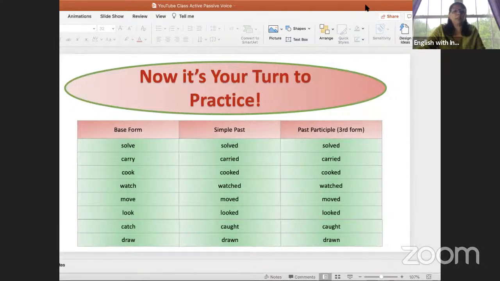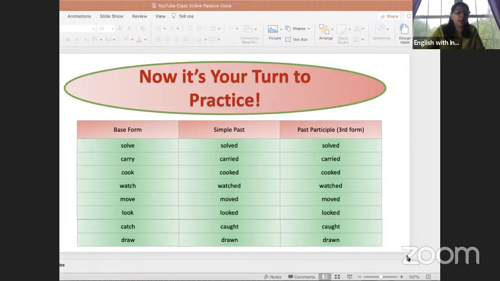If you want to use any vocabulary word from here and make your own sentence, you can do that, and then we will end the session. I hope you are able to see the screen. If the words are too small, just let me know. I can make it bigger.